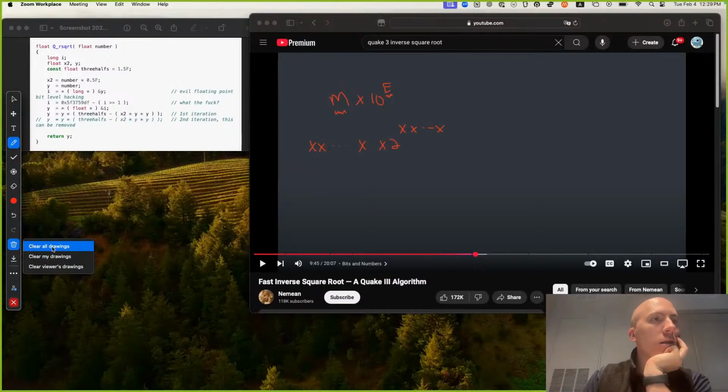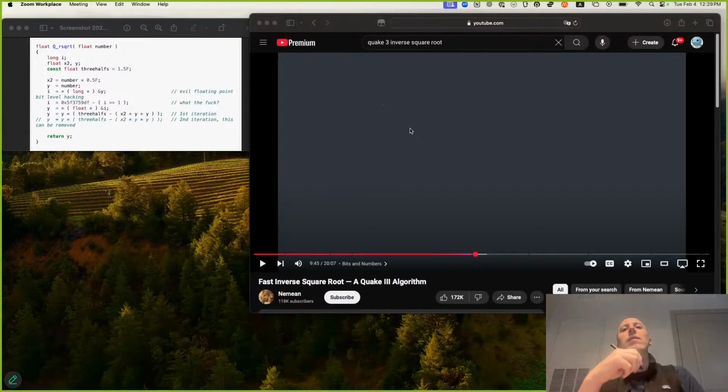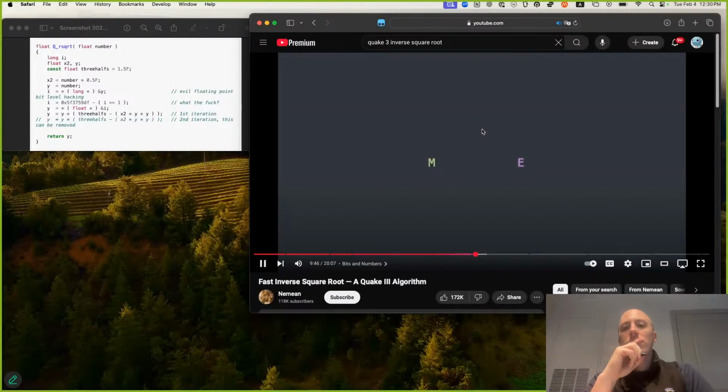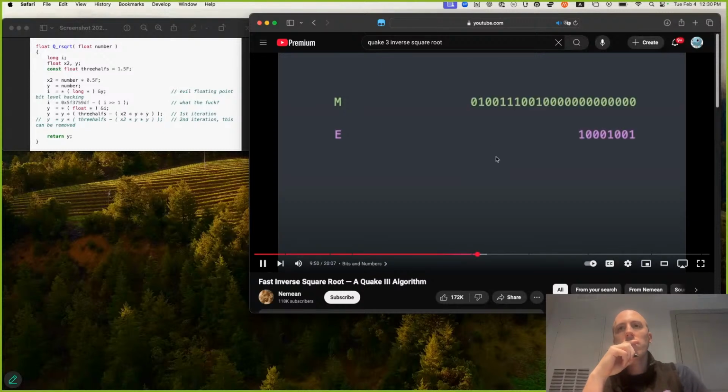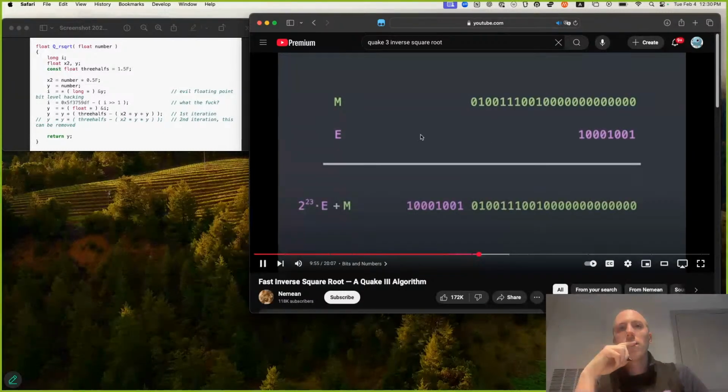If we are given two numbers, one being the mantissa and one being the exponent, 23 bits and 8 bits respectively, we can get the bit representation with 2 to the 23 times E plus M.